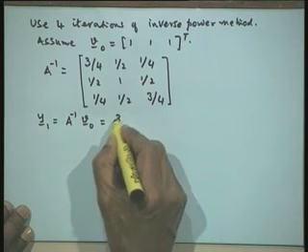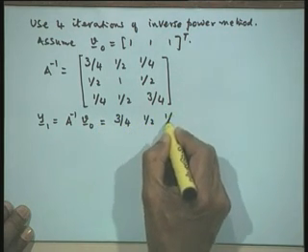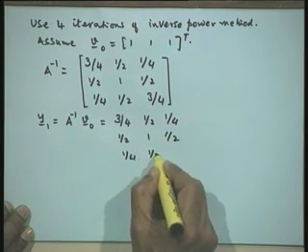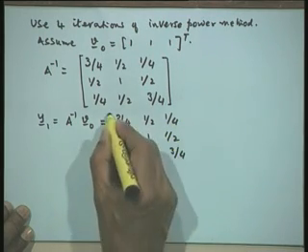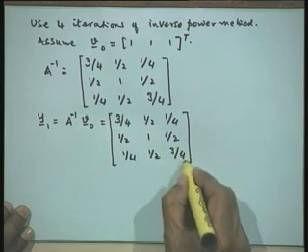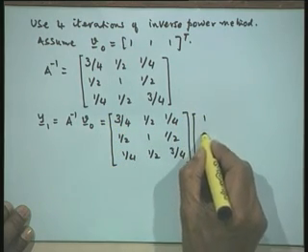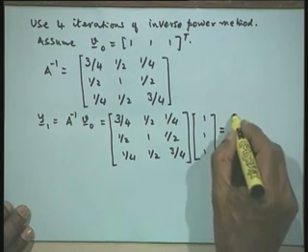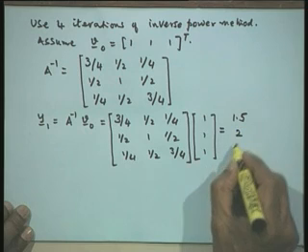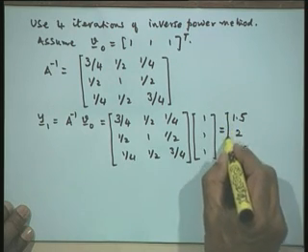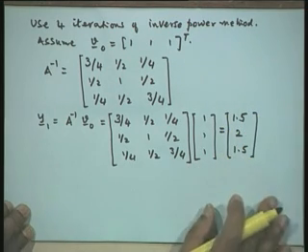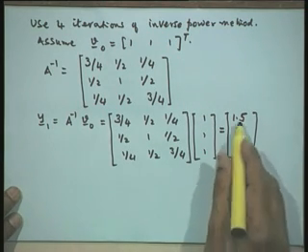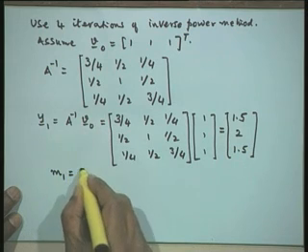Simplifying this, we get 1.5, 2, 1.5. Now, the largest value here is 2, so m 1 is equal to 2.